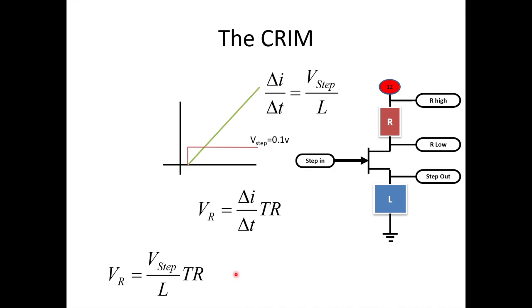So this represents the voltage across the resistor as a function of time. That's time, that should be a little lowercase t here. That represents the period.